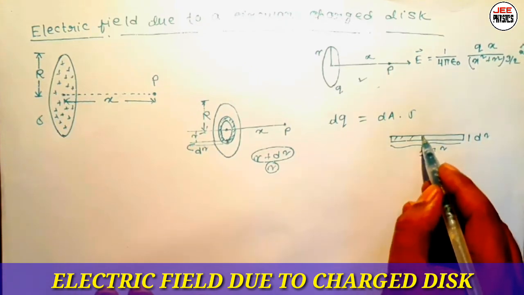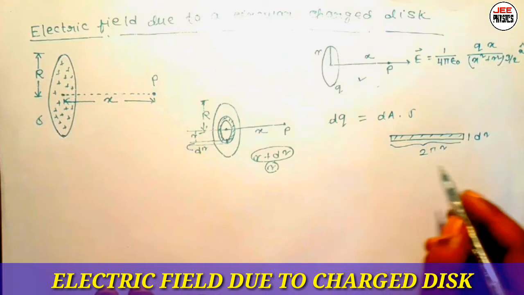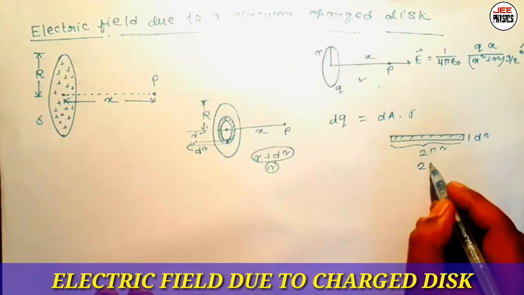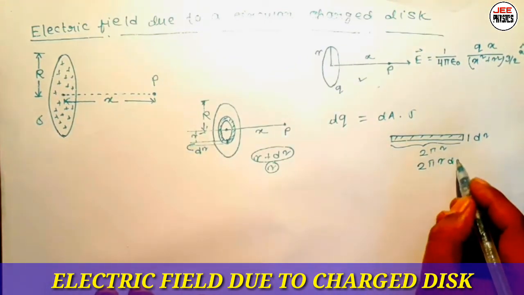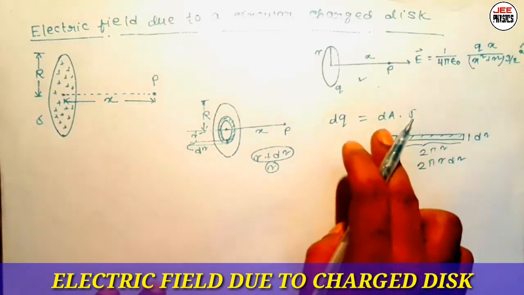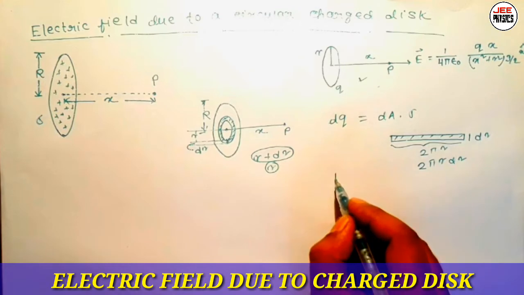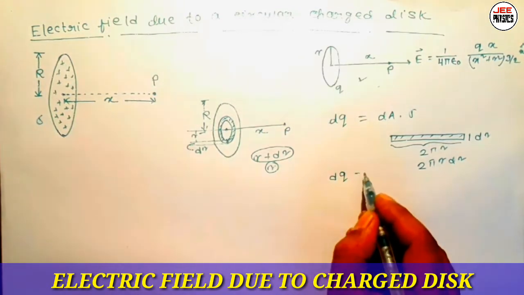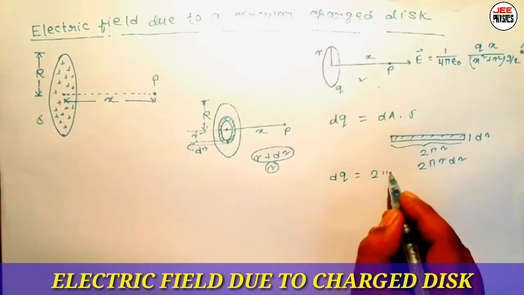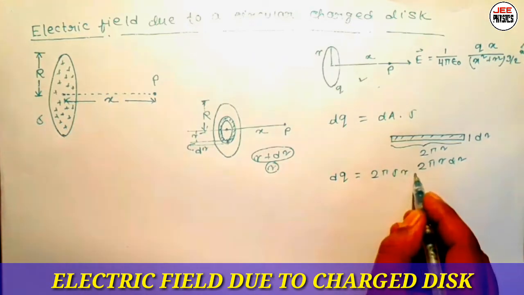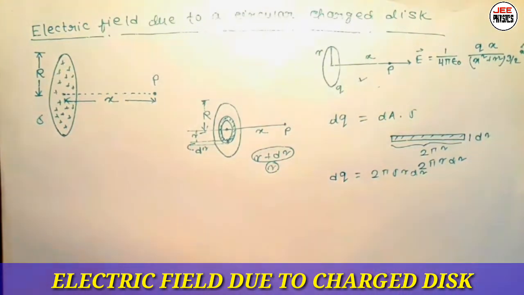So the total area of this annular space is 2 pi r into dr. This will give you the area dA. Therefore we can write that dq is equal to 2 pi into sigma into r into dr.